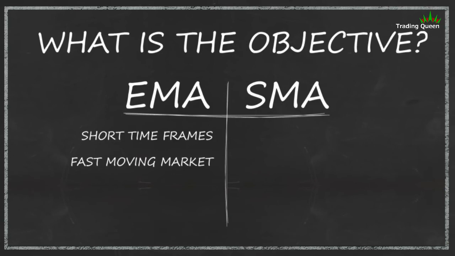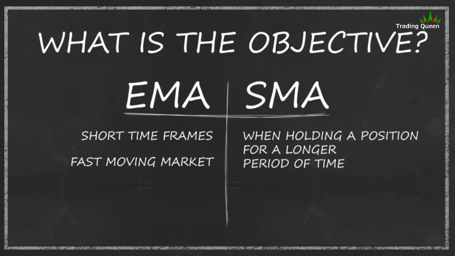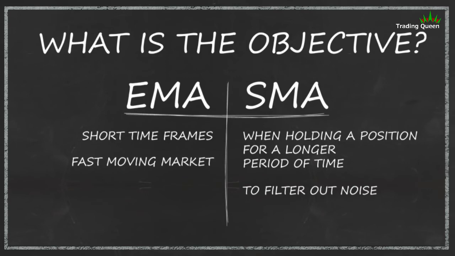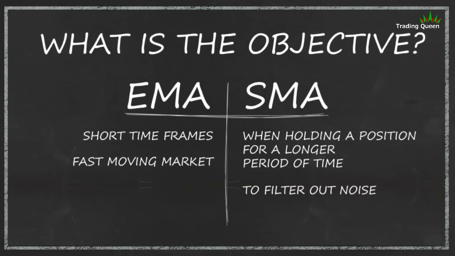Use simple moving averages if you're planning on holding a position for a longer period of time, as the exponential moving average might be too sensitive and give false signals. You should also use simple moving averages if you just like to filter out the noise and random price fluctuations to determine the overall market direction.